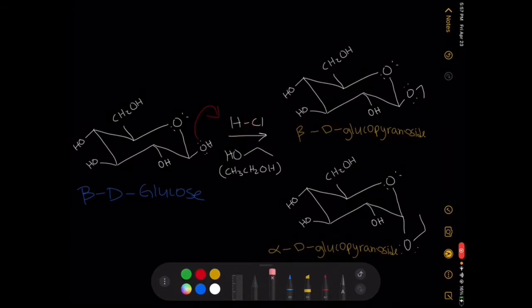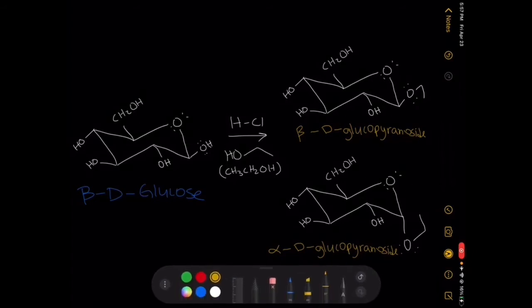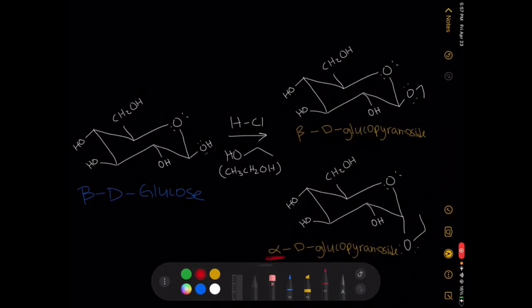Another thing I would like you to know is the naming here. This is called alpha because this is axial and pointing down, and this is up here. And this is called beta because this is pointing up right here, and this one's up as well. So just keep that in mind.